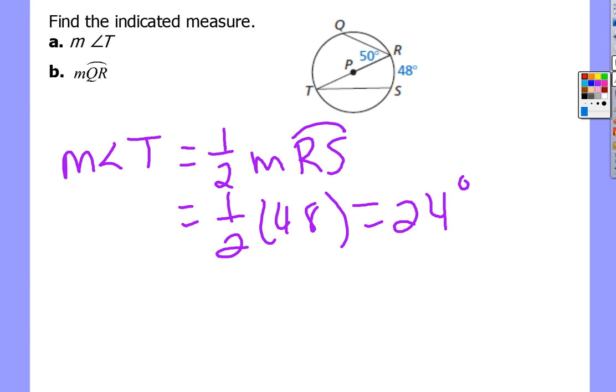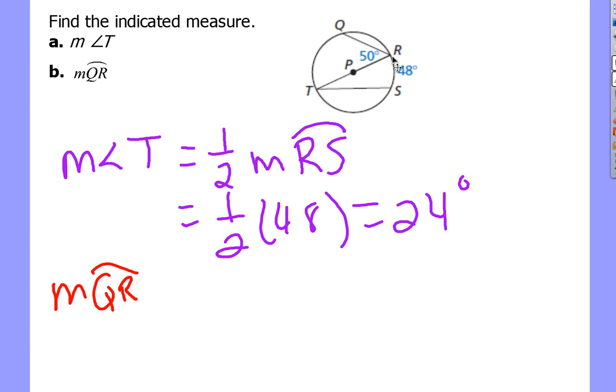For our other example, it wants the measure of arc QR. What do we know about the measure of arc QR? Here's our measure of QR.